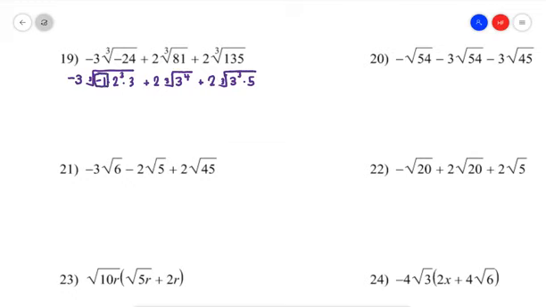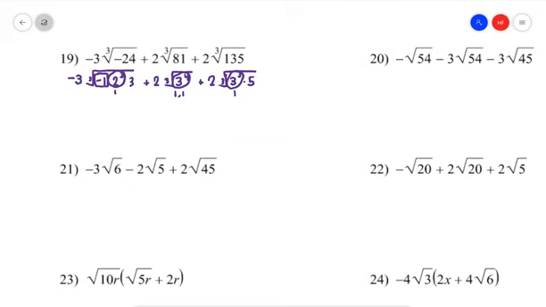-1 with an odd is always going to come out. 2 to the 3rd, that'll come out with no remainders. 3 to the 4th will come out once with a remainder of 1. 3 to the 3rd will come out without a remainder, and then 5 does not have a power on it great enough.